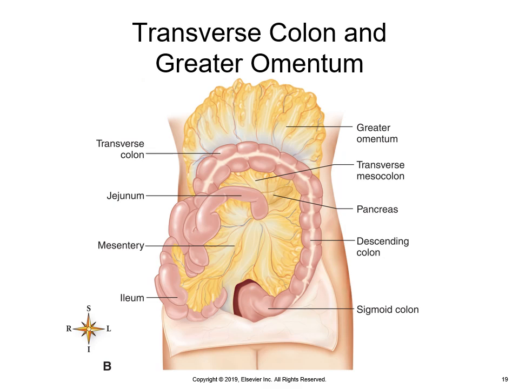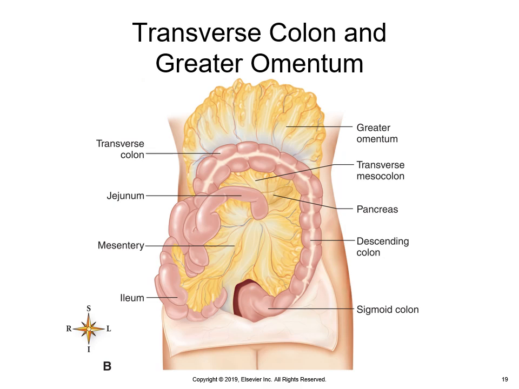All right, so we're looking also at the transverse mesocolon, which is right here, and that supports basically this section, and it allows for some mobility in this area. In terms of the transverse mesocolon, it is a layer of the peritoneum, and it connects the transverse colon to the posterior abdominal wall.